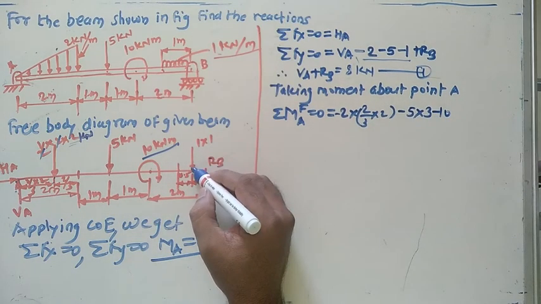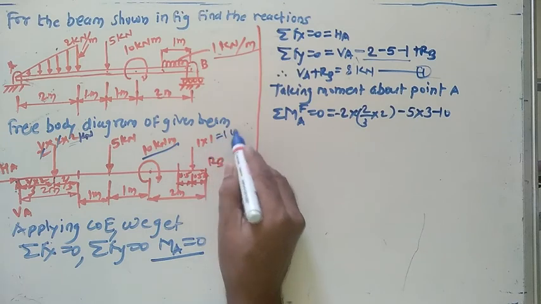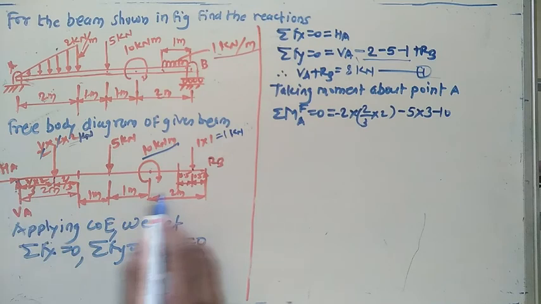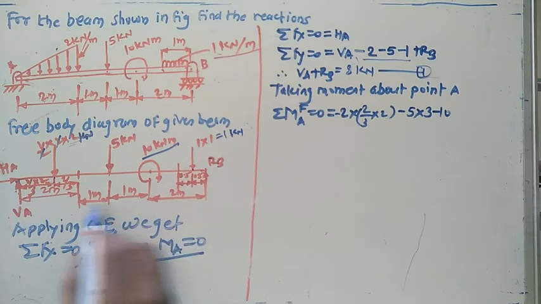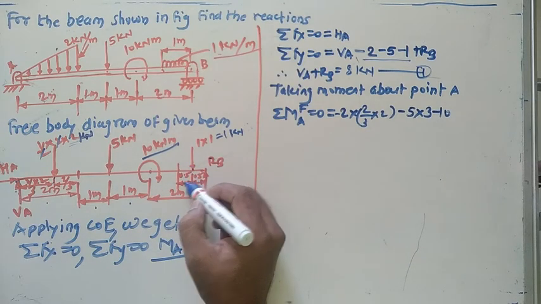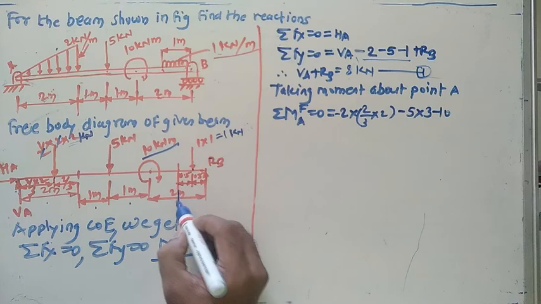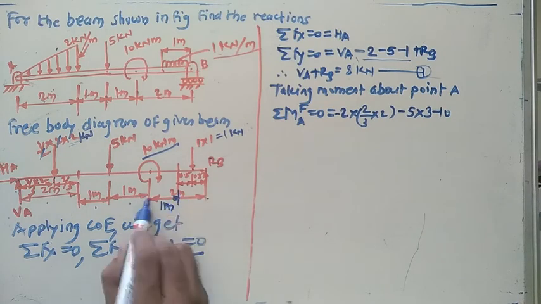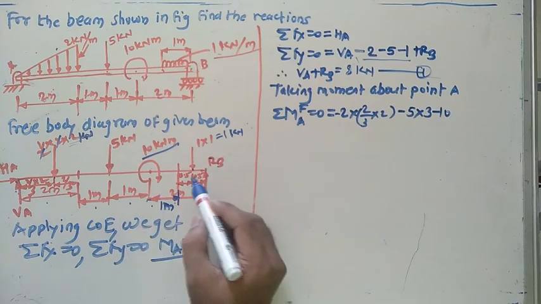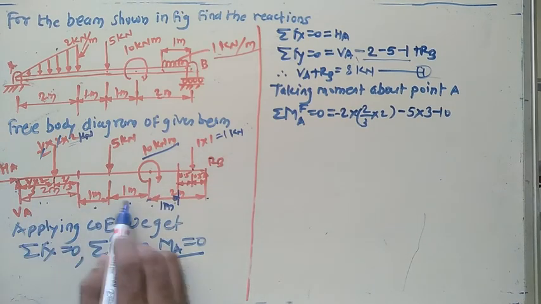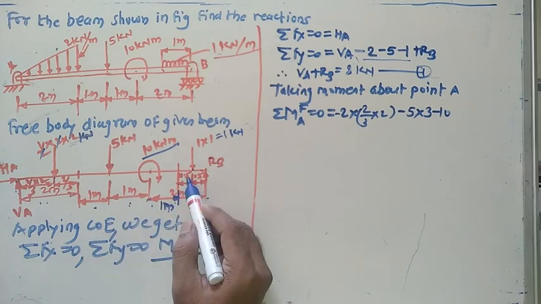What about the next one? 1 multiplied by 1 is the 1 kilonewton. You have to take the moment of this force about this point. Now see the distance. Up to here we get 2 meter plus 1 meter, 3 meter, 4 meter. This force is at a distance of 0.5 with respect to this one, and this distance is equal to 1 meter. The length here is 2 meter, half of this one is 1 meter. So 0.5 with us means the total distance 2 plus 1, 3, 4, 5, and then 0.5.